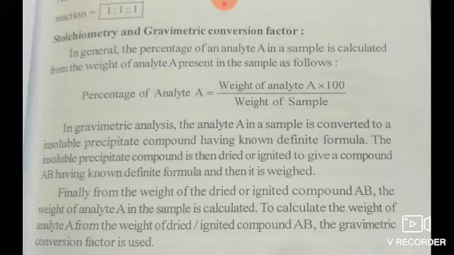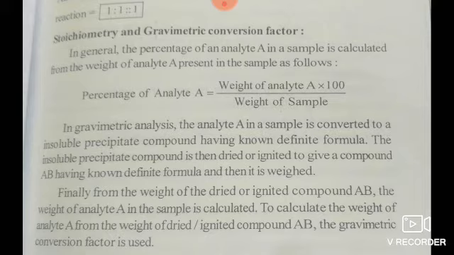The insoluble precipitate is then dried or ignited to give a compound AB having a known definite formula, and then it is weighed. Finally, from the weight of the dried or ignited compound AB, the weight of analyte in the sample is calculated. To calculate the weight of analyte A from the weight of the dried or ignited compound AB, the gravimetric conversion factor is used. So what is the use of that gravimetric conversion factor?